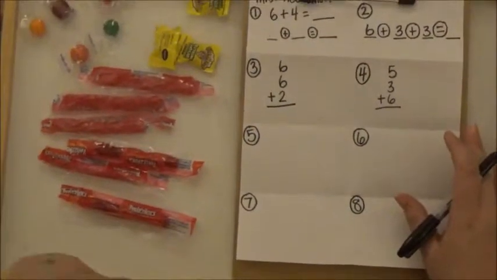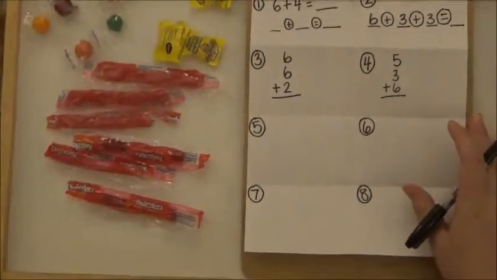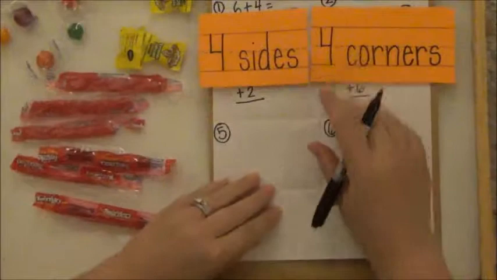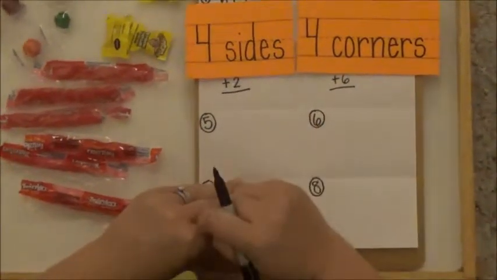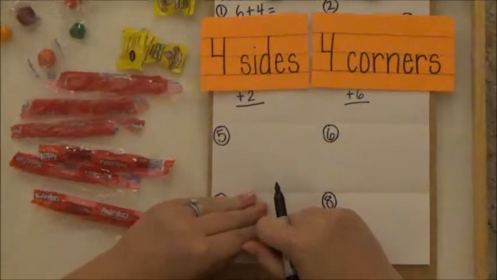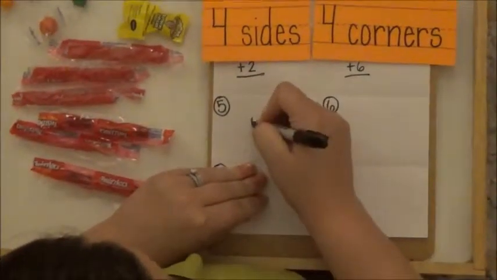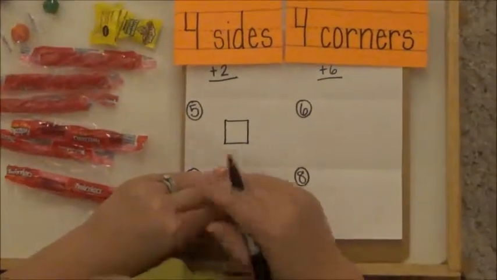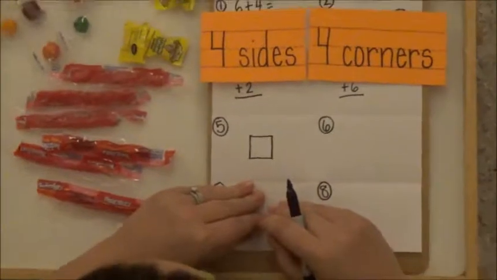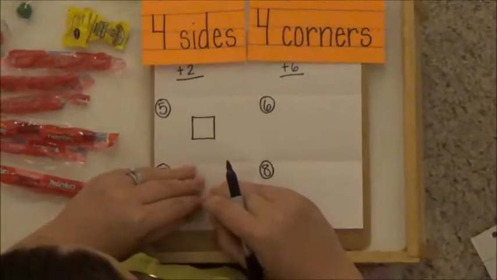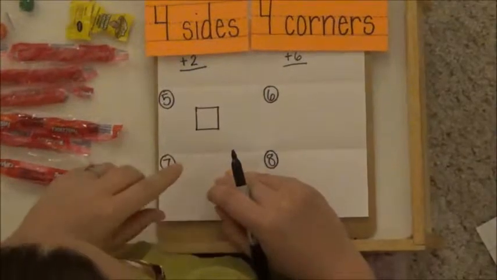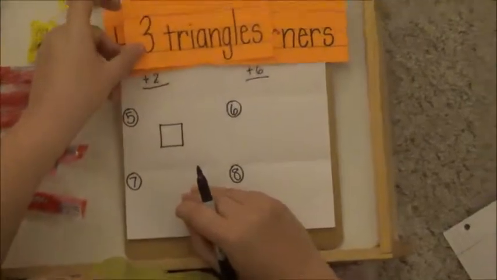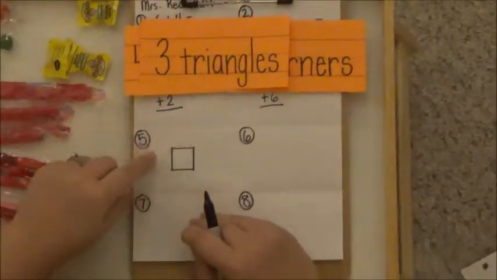Boys and girls, for number 5, I need you to be creative. You're going to draw me a shape in here that has 4 sides and 4 corners. You might draw a square or a rectangle, 4 sides and 4 corners. Now I want you to add to this shape by drawing 3 triangles in here.